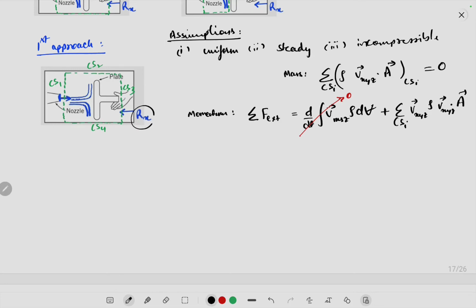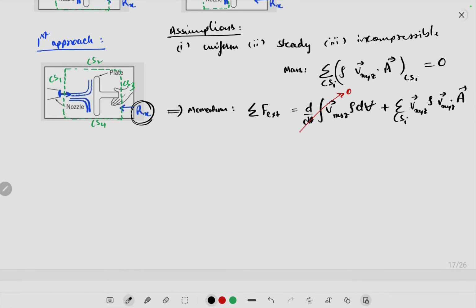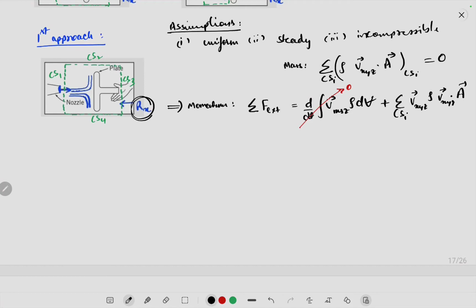So Rx is a force, and out of these two equations, which equation tells me about the force? This equation, right? So let's first simplify this equation for my given control surfaces, okay. So this should be a vector.